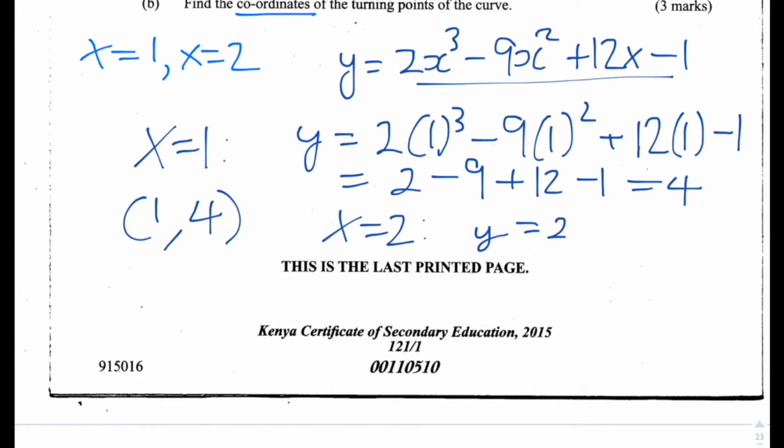is equal to 2 multiplied by 2 cubed minus 9 times 2 squared plus 12 times 2 minus 1.